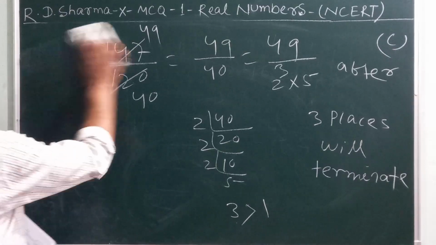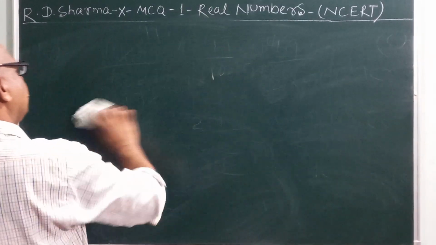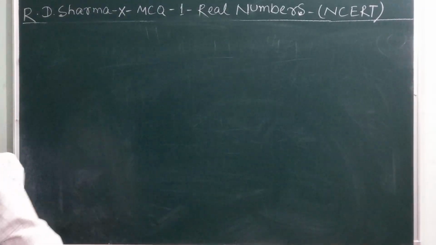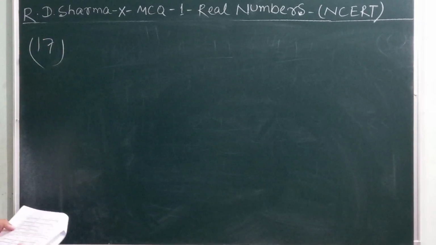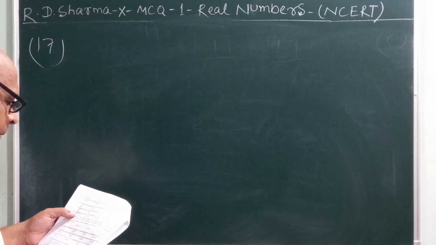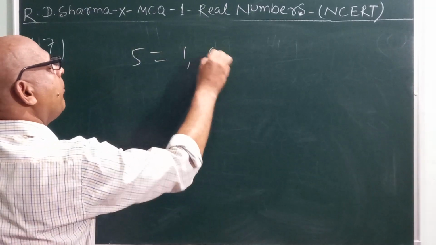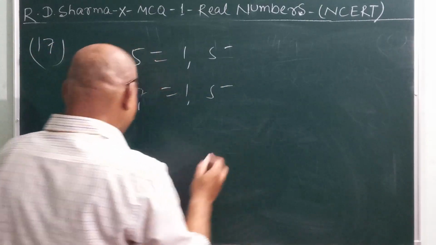Next, 17. The total number of factors of a prime number: 5, 7, each has 2 factors.